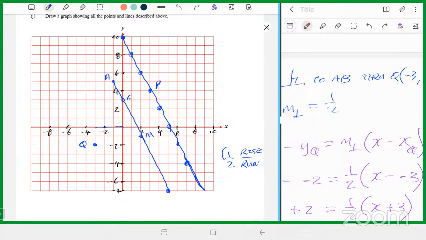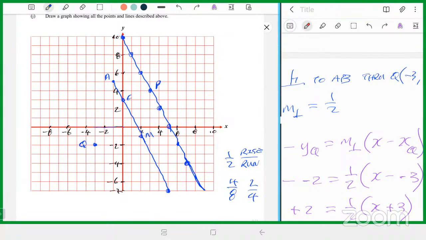Instead of a small 1 and a small 2, we can multiply it up and put, for example, 5 over 10, which is still a half, or 4 over 8, or 2 over 4. Any multiplier that is equal to a half can be used.